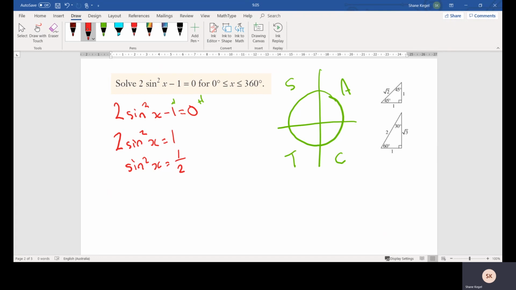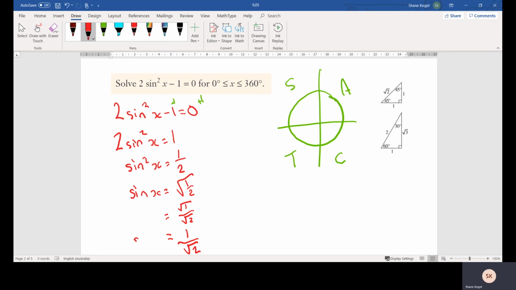And to get rid of my squared, I take the square root of both sides. So I get sine x equals square root of 1/2, which is the same as square root 1 over square root 2. I know that square root of 1 is just 1, so 1 over root 2.